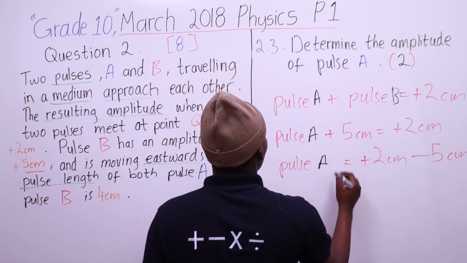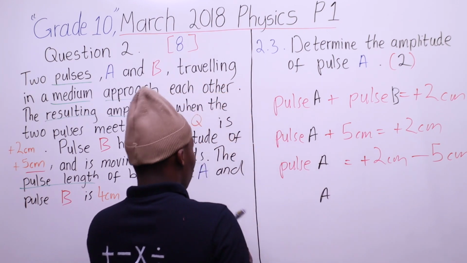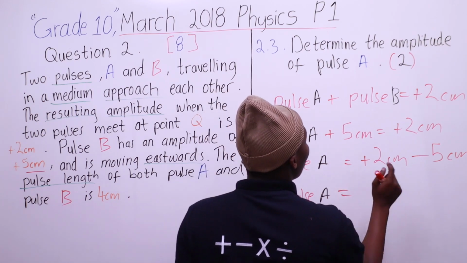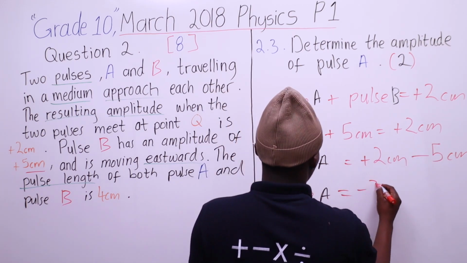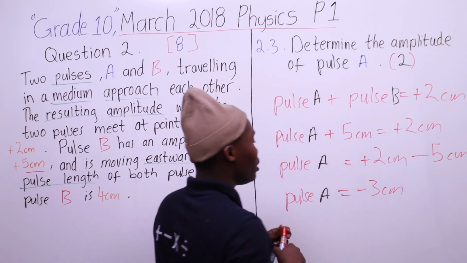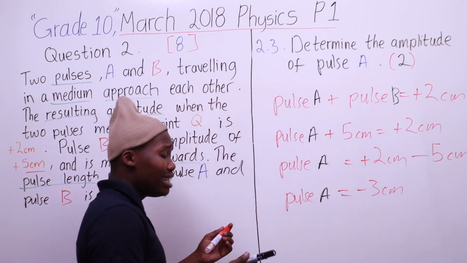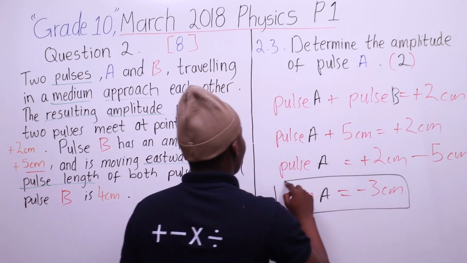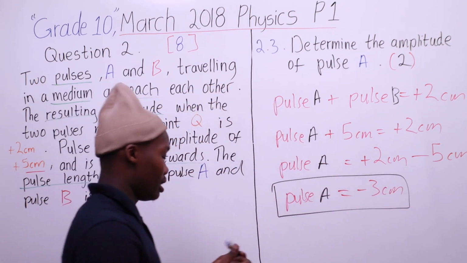So the amplitude of pulse A is equal to positive 2 minus 5, which is negative 3 centimeters. That is the amplitude of pulse A. So this is your final answer.